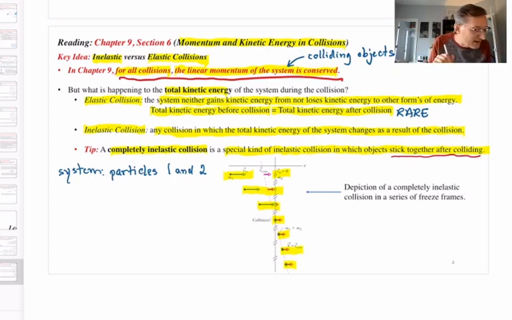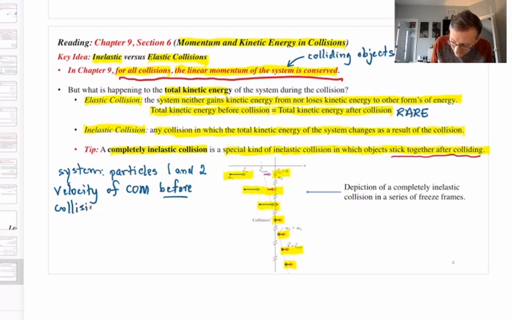I'm going to apply conservation. Well, first I'm going to write down a formula for the velocity of the center of mass before the collision. I want to write an expression for that first. VCOM initial.